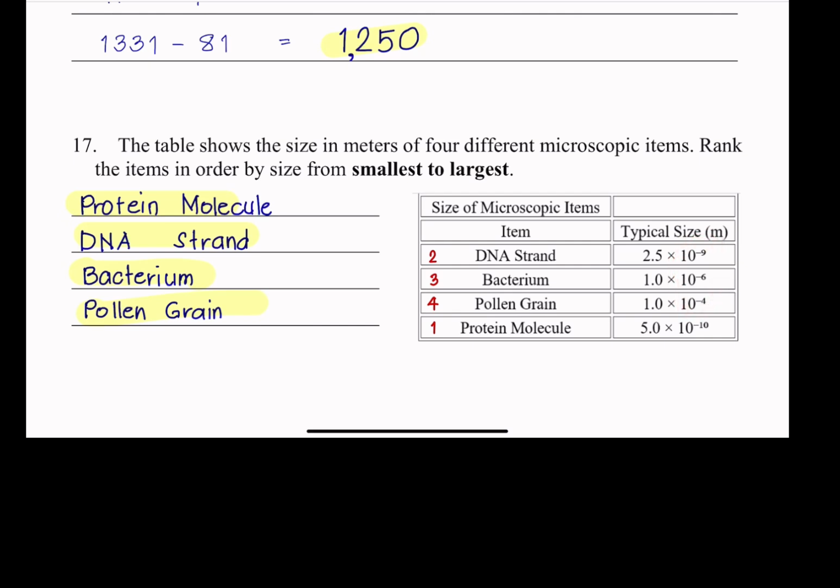So number 1 is protein, negative 10, then negative 9, then negative 6, then negative 4. That's it. As simple as that. So the first one is protein, second is DNA strand, third is bacterium, fourth is pollen grain.